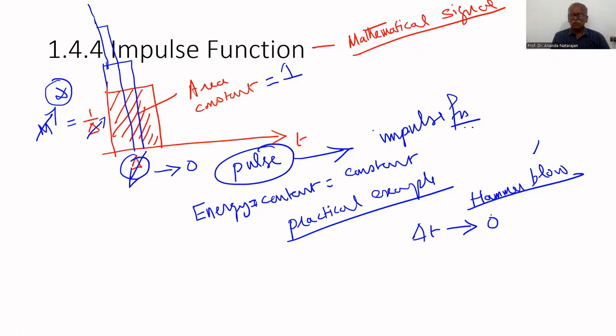It should be very, very small. Then it becomes an impulse function. Practically, approaching 0 is not possible, that's why it is a mathematical signal. But negligible time means it can be considered as an impulse function.